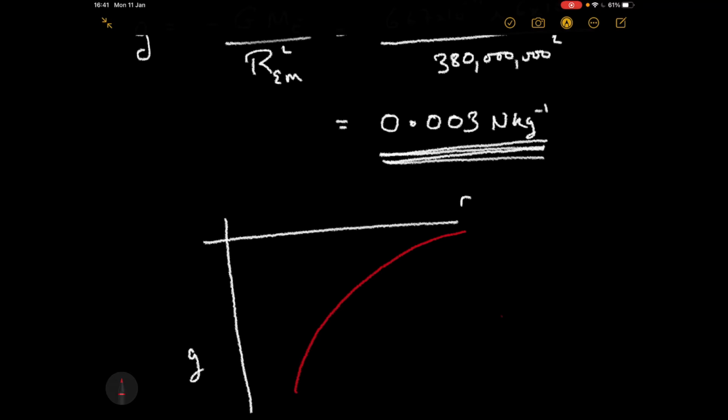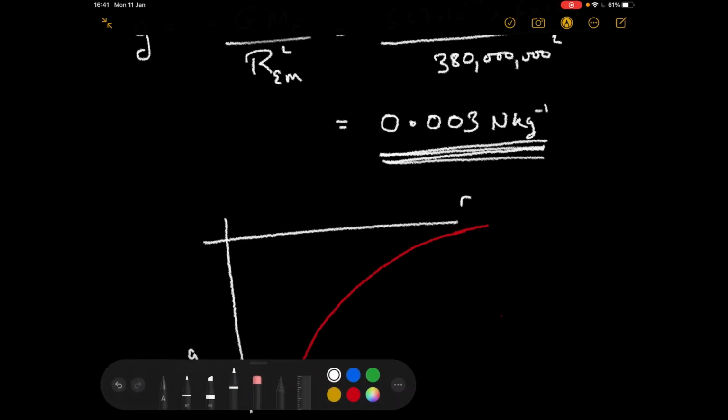So it's a 1 over r squared sort of curve. As we get further and further away, we end up having a smaller and smaller gravitational field due to that object.